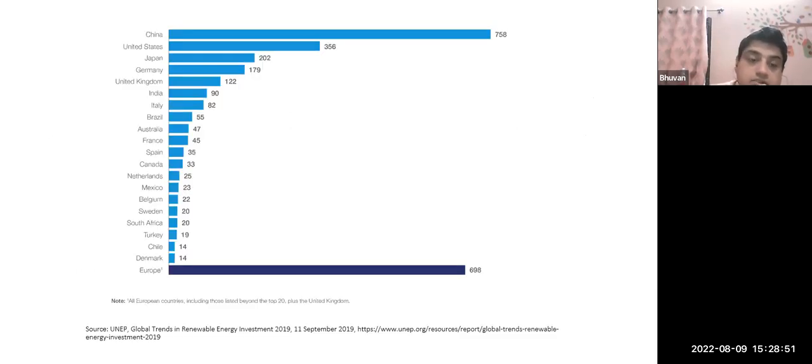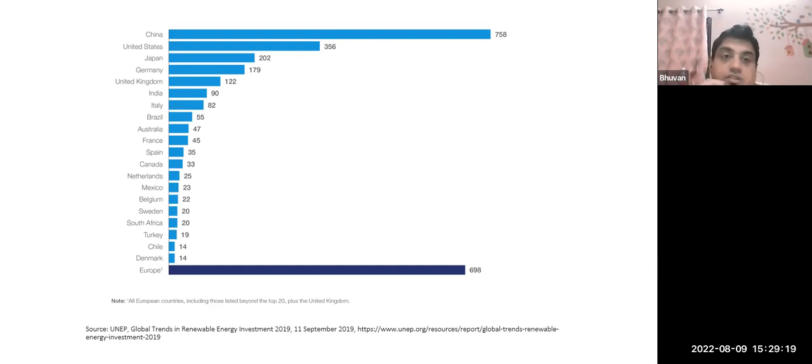In this diagram, you can see the global trends in renewable energy investment. Here you can see that China remains at the top, the country majorly investing in the renewable energy sector. It is followed by the European countries combined, at around $698 billion.